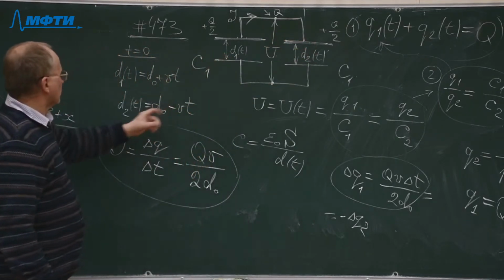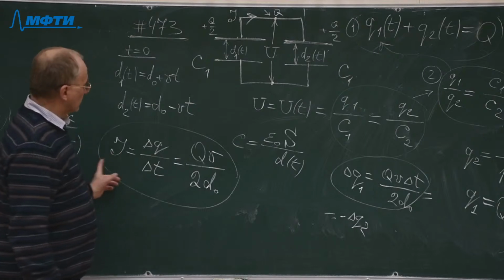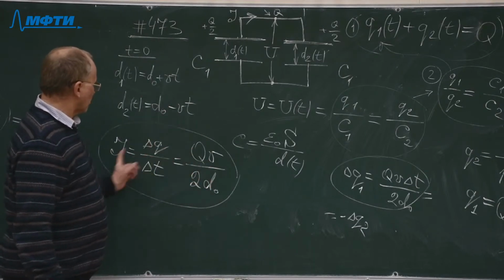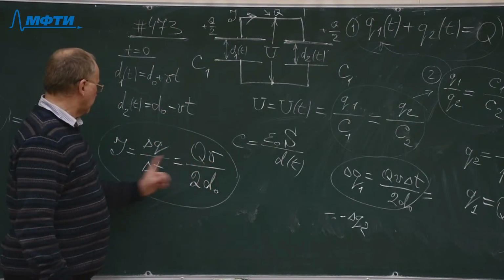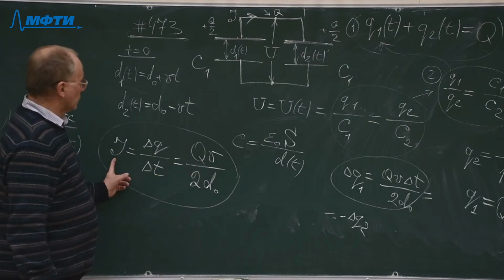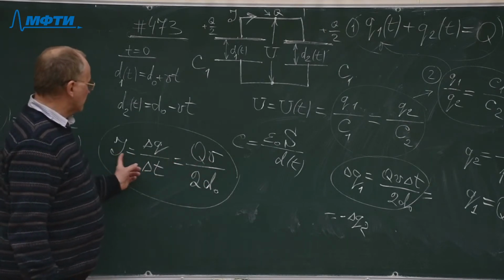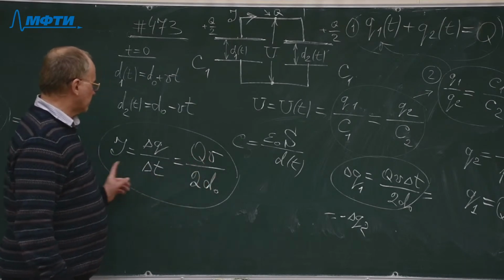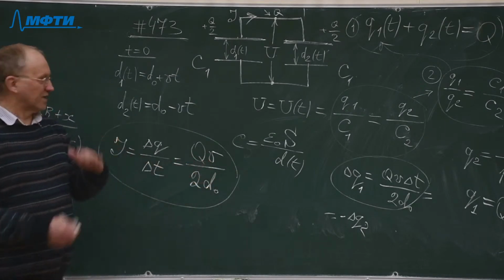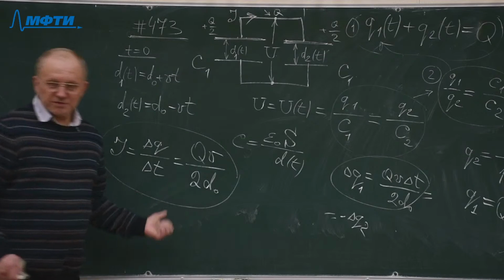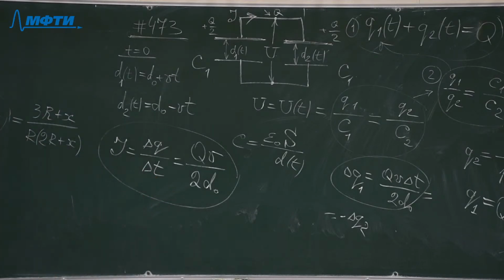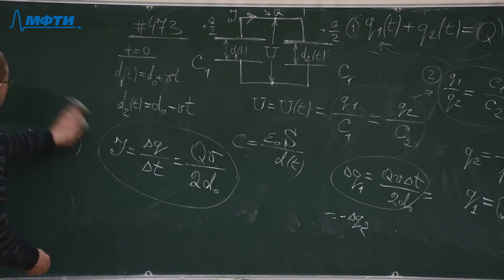And the velocity of motion of these two plates is given in this problem, and it's found here in this formula. The current which will flow from one capacitor to another capacitor is proportional to the velocity at which the plates of the capacitors move. So this is the final formula in this problem. This is the final answer to this problem.